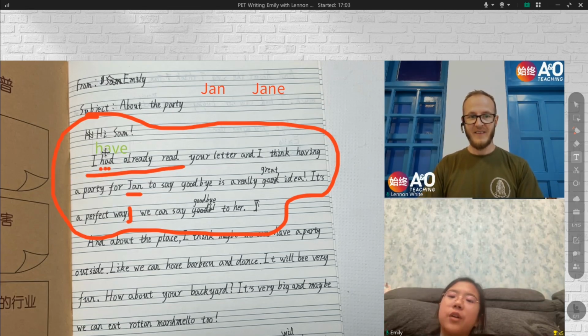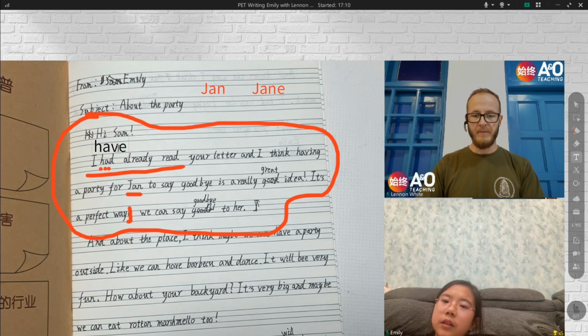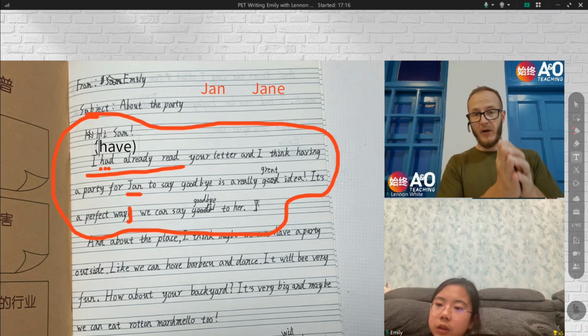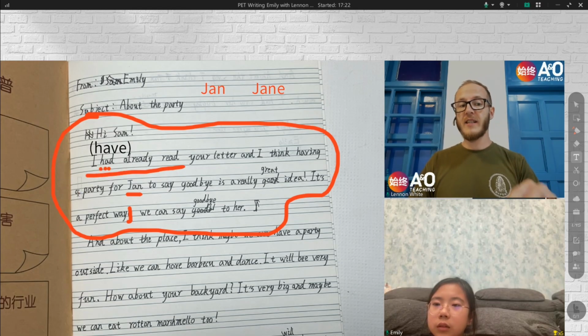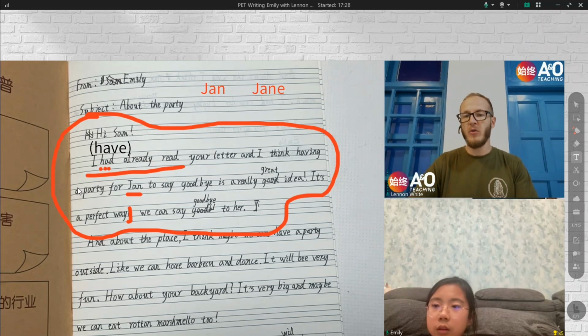I have already read your letter. Very, very nice. So we can put "have." The point is that we can use present perfect: I have already read your letter, or just I already read your letter. So "have," we can use it or don't have to use it.